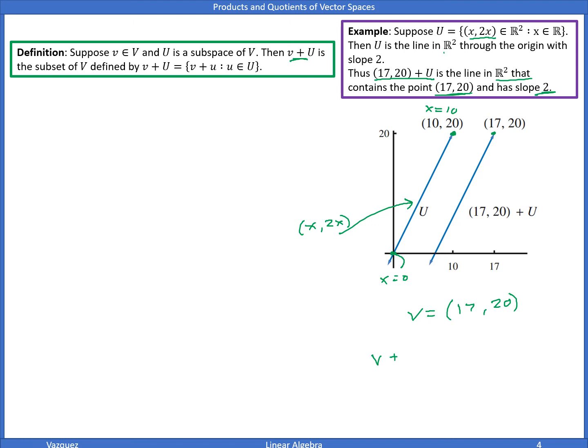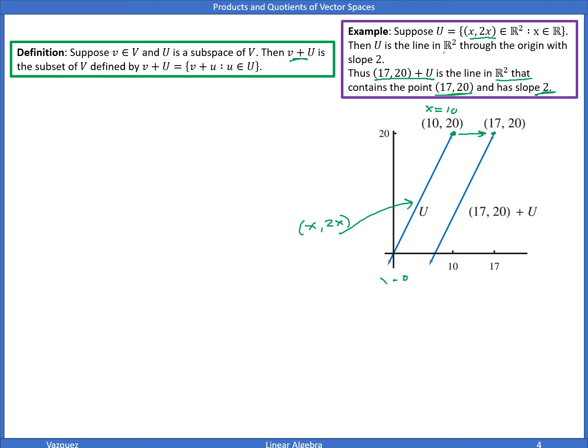Now here, a common mistake I've seen students make is they think this point shifted here and think this point shifted here. Not really. Let me be a bit clear about that.